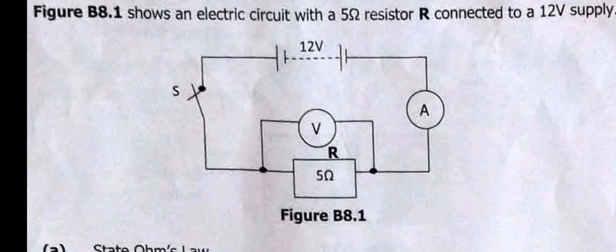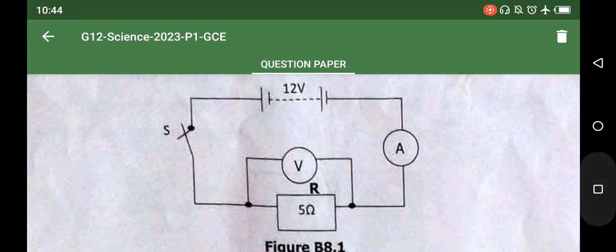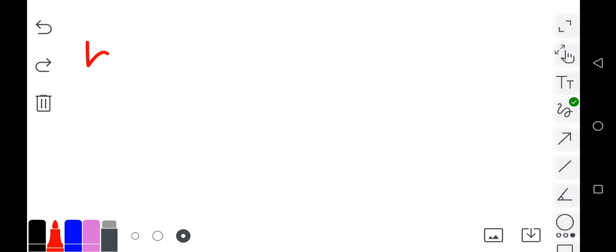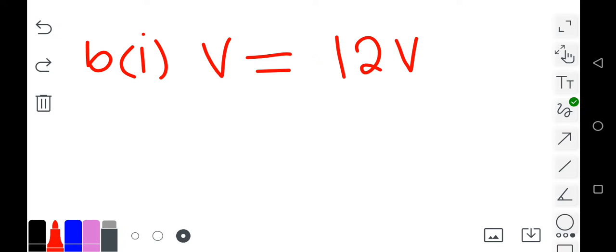For the voltmeter, you don't actually have to calculate, because we know that we are measuring voltage across the 5 ohm resistor, which is R. So for V, the reading is just the 12 volts. And then for A, the ammeter, on this one you have to calculate, which measures the current of the electricity.